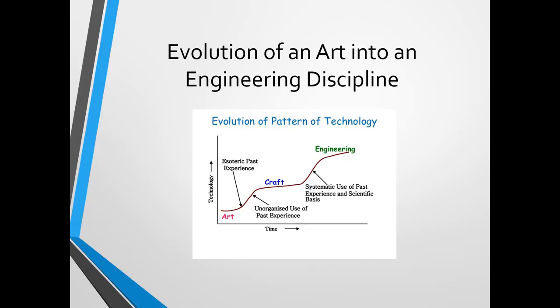The story of the evolution of the software engineering discipline is not much different. It is the same thing. In the early days of programming, there were good programmers and bad programmers. The good programmers knew certain principles or tricks that they could use when they developed their software.